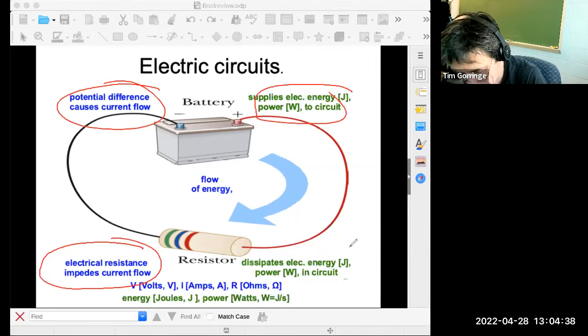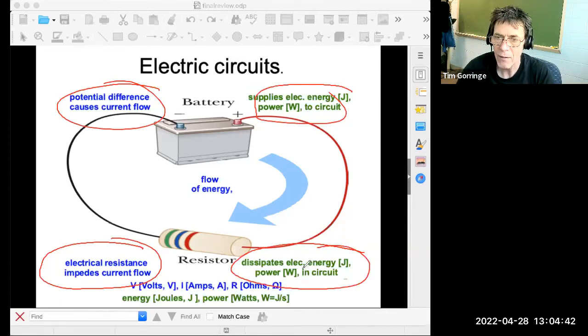The other way of thinking about resistors is that they are circuit devices that dissipate electrical energy. They don't destroy it, they turn it into thermal energy. Resistors get hot. They dissipate electrical power. They don't destroy the power, they turn it into thermal energy, into heat energy.